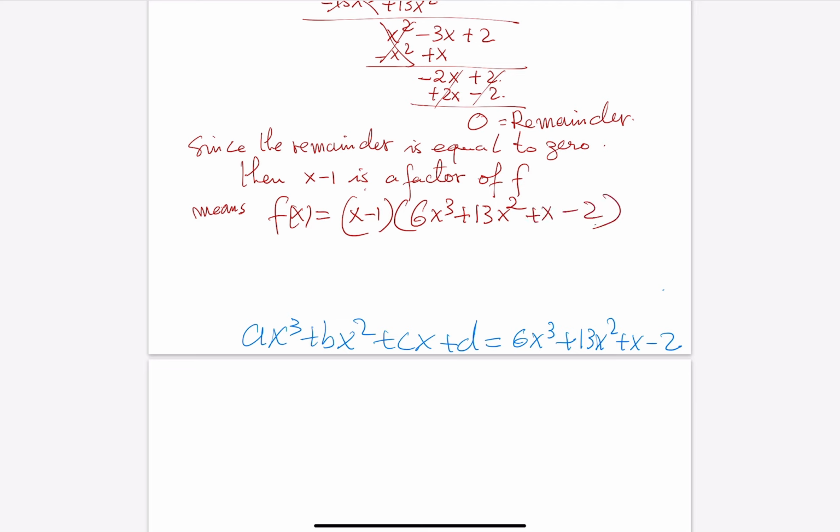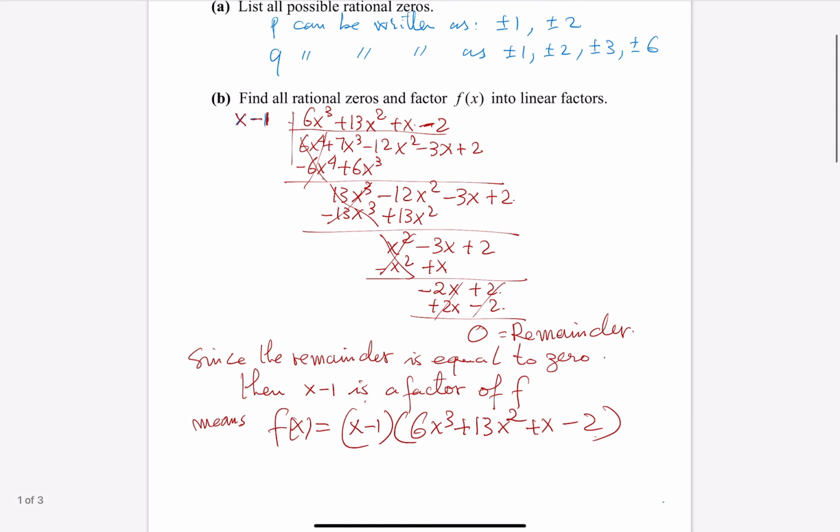Okay. Now from here it will be easy. You can use either way you want, but how can you determine this one? Remember, here we start with 1.